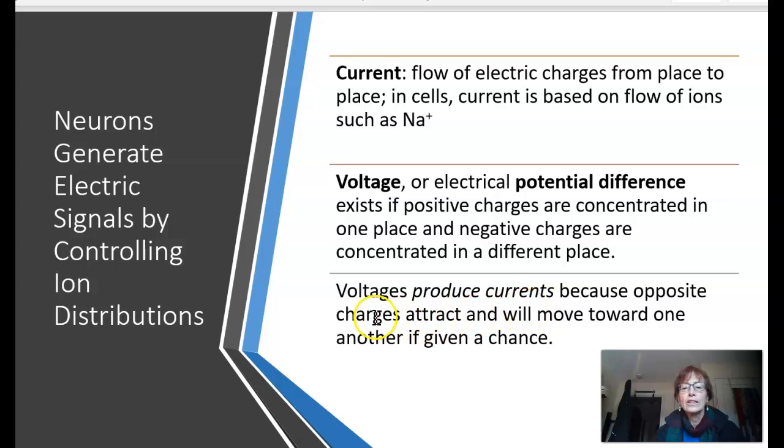So we need to have a difference in this electrical potential. We say membrane potential when we're talking about this difference that exists across the membrane. So we talk resting potential and action potential and threshold and all of those things. That's all referring to this.